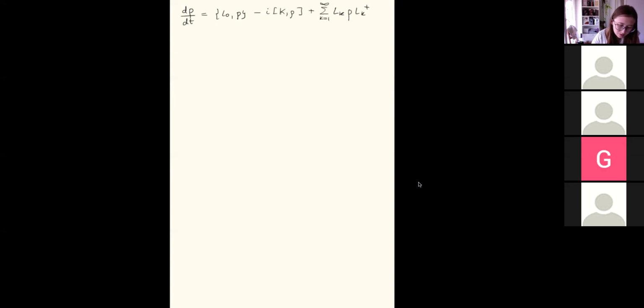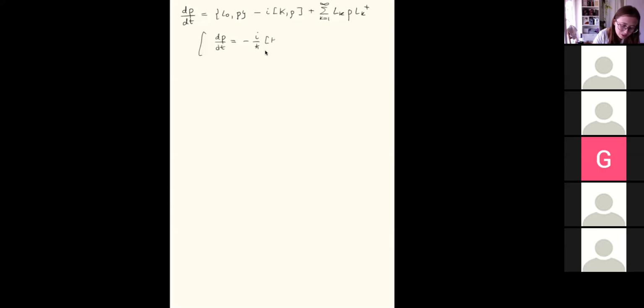And now, since we still have some sense of freedom in choosing what our operator K is, from here we actually already see what we have to choose as the operator K, which would be a physically meaningful choice. Because as we remember, for the unitary evolution, we would have d rho by dt equals minus 1 over h bar Hamiltonian H rho commutator.